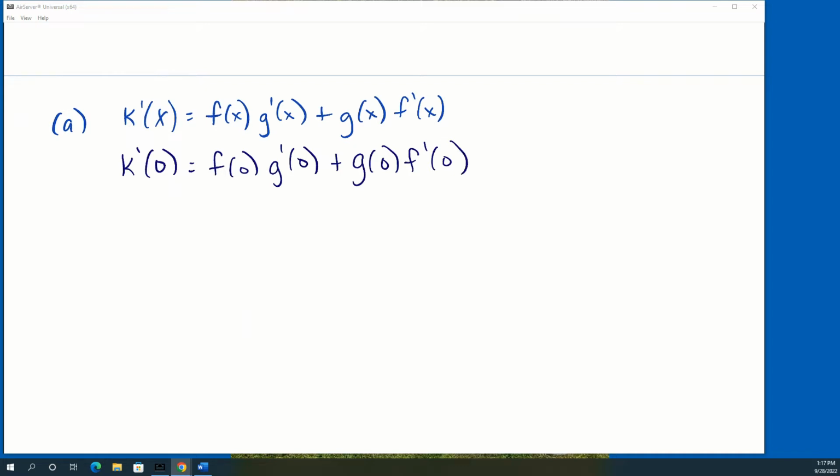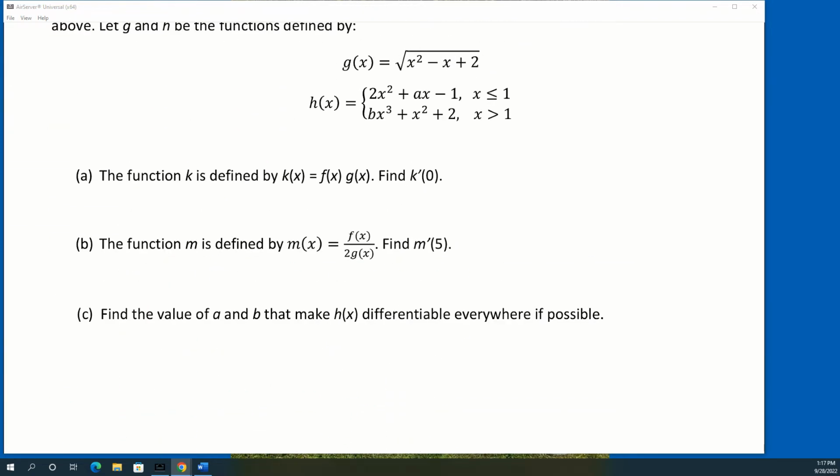All right, and then don't forget that this is a calculator question. So you guys don't know how to find the derivative of g yet. Now, there is a way to do it by hand, but you haven't learned it yet. And even if you did know how, if this is a calculator question, then you still don't want to waste time doing derivatives by hand.